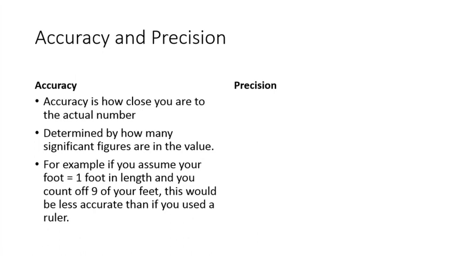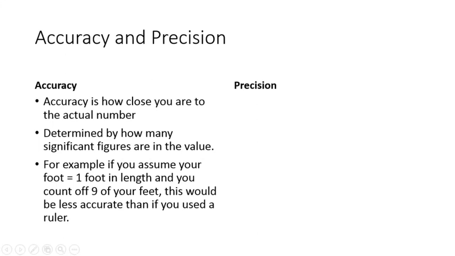Now, if you also measured it with a ruler, which is a little bit more accurate than your foot, you would find that maybe you have a little bit more than 9 feet, or maybe a little bit less than 9 feet, and your accuracy is limited by the type of device that you're using there. But the point is how many sig figs you can actually have in your answer is going to be your accuracy.